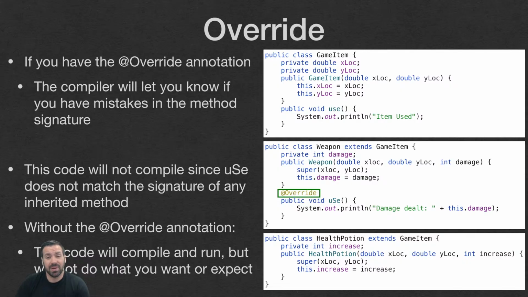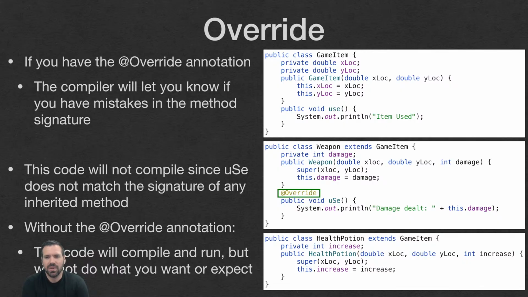You told me you were overriding, but you didn't actually override anything. And then you can fix that bug immediately without having some weird behavior. So say I mistype use, I accidentally have a capital S here. With the annotation, Java's going to say, hey, there's no method with that name that you inherited. And then I go, oops, capital S instead of lowercase s. 2 seconds, my bug is fixed, and it's never caused any damage with the annotation.